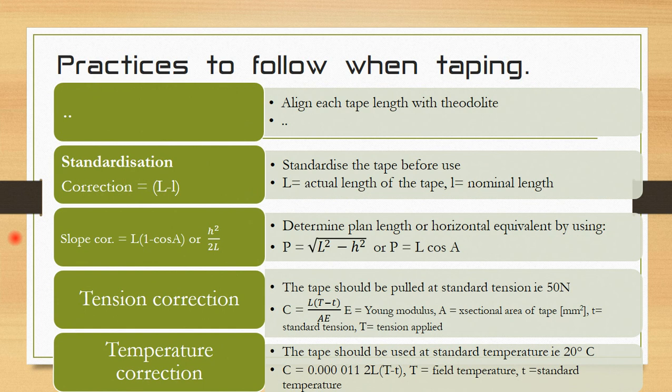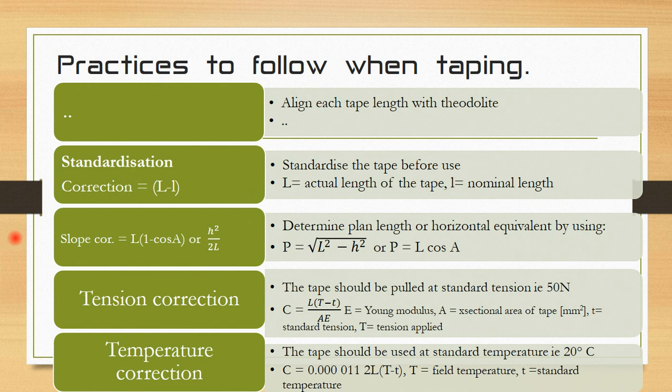So one of the practices is that you need to align the tape that you are using to measure with a theodolite. You can use the theodolite to align the tape.